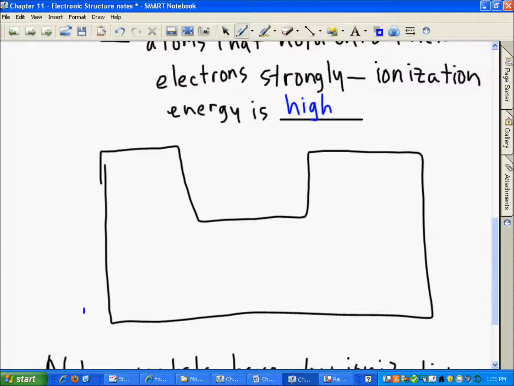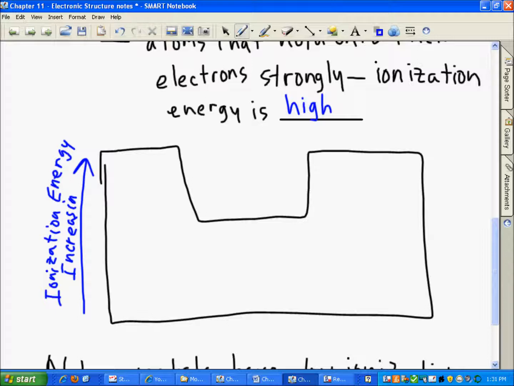So ionization energy increases as you go up. And the ionization energy also increases as you go this way.